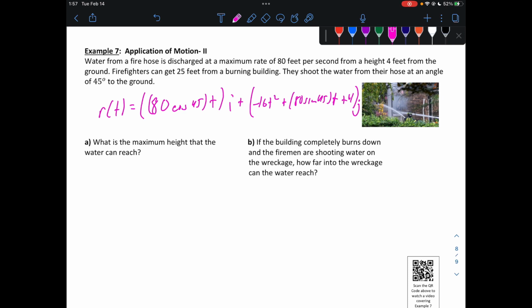All right, so we want to know the maximum height. So again, what we're going to do is take the derivative of y. So y prime would be negative 32t plus 80 sine 45. Set that equal to 0.